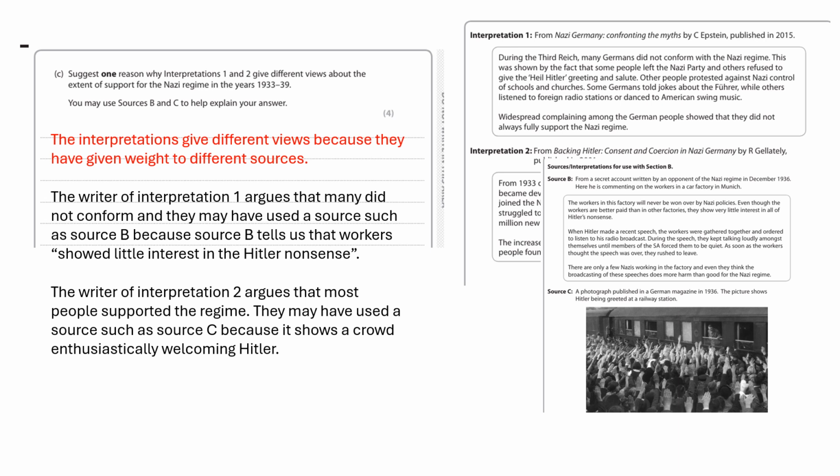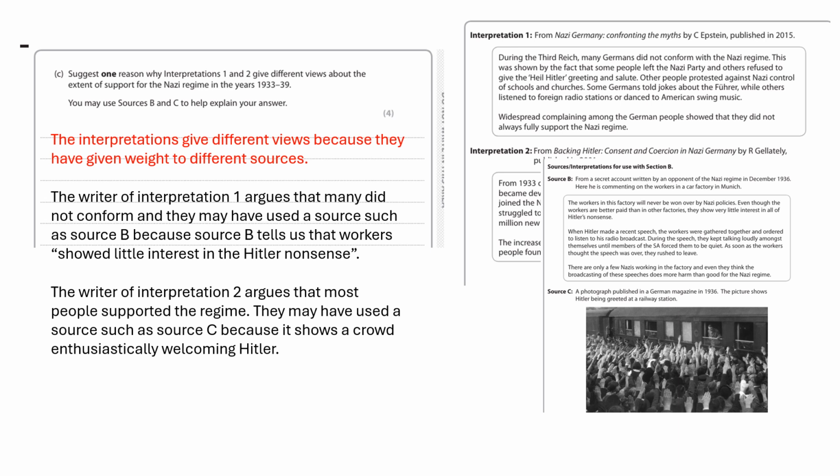And the first sentence in your answer is always going to be, the interpretations give different views because they have given weight to different sources. Or the interpretations give different views because they have used different sources. If you write that sentence on its own, that gets you 1 mark out of 4. But what we want to do is prove that those historians have used different sources.